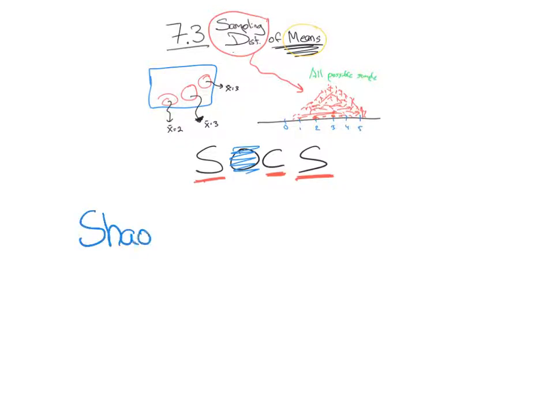Let's do shape. The shape is going to be, you ready for this? Approximately normal. But it is only going to be approximately normal when certain things happen, right? So it's kind of a twofold thing.